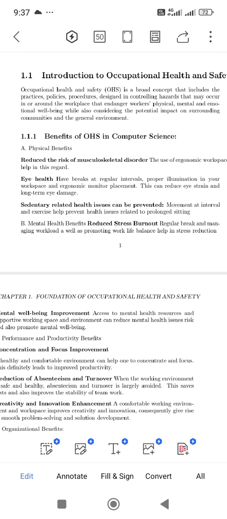So the physical benefit is that sedentary-related issues can be prevented. There are some regular exercises or room exercises, like trekking every morning, maybe at intervals.